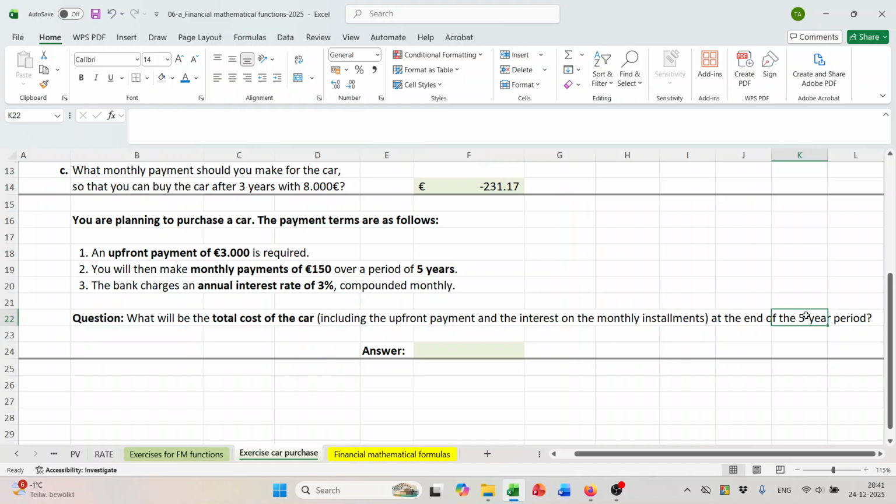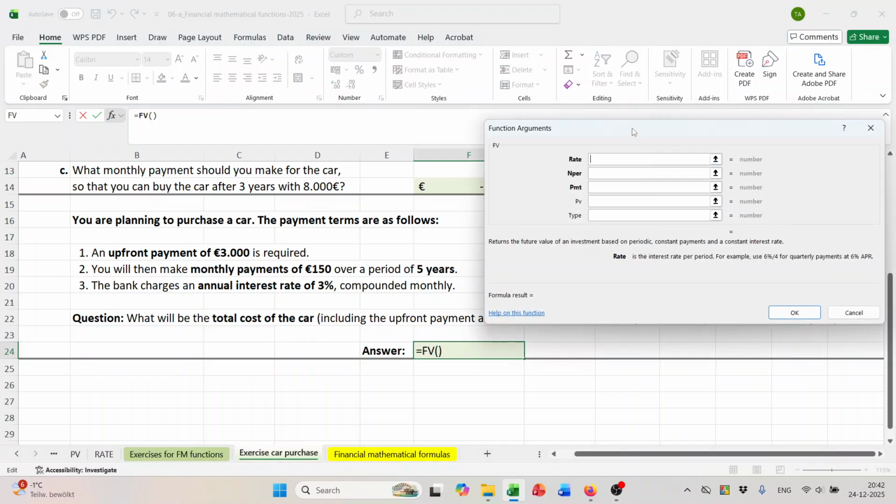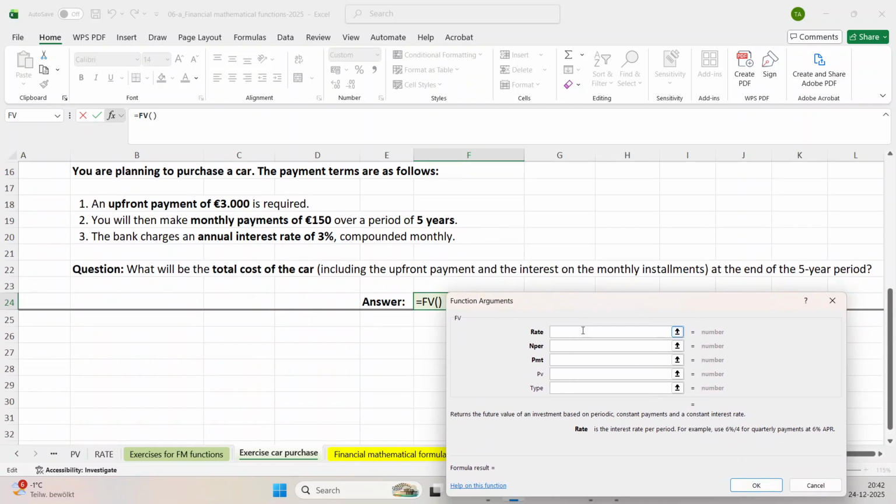So after the 5-year period, what is the cost that we need to calculate? As it is after 5 years, we have to calculate the future value. Our rate is 3%, but 3% is the annual rate and it is compounded monthly, so we have to divide it by 12, and the period is 5 years.